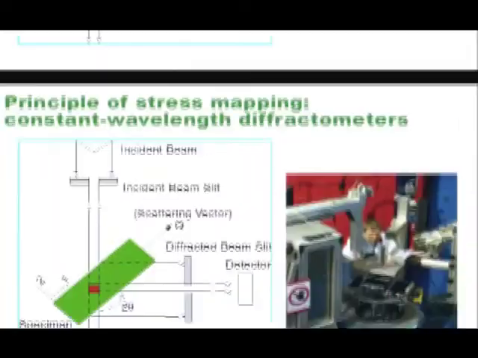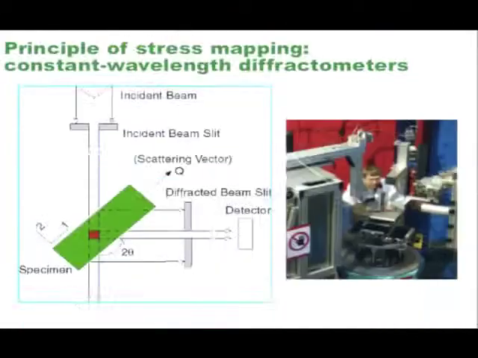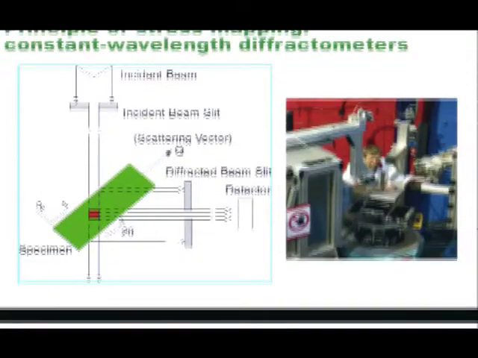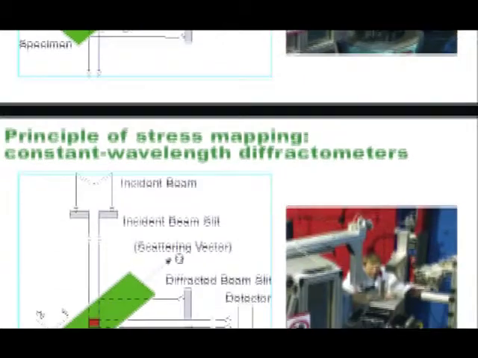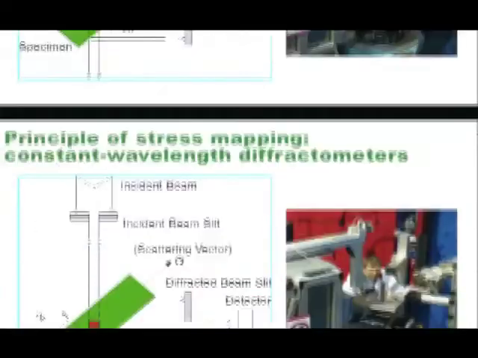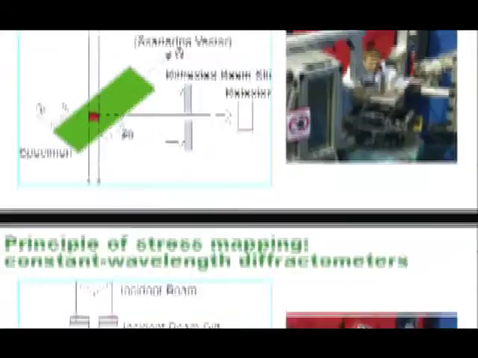And strain mapping is a simple application of the penetration capability of neutrons. Here, you take advantage of the fact that neutrons can shoot through a sample by and large. You use a slit to define an incident beam, and on a reactor source, you use another pair of slits to define a beam for the detector.